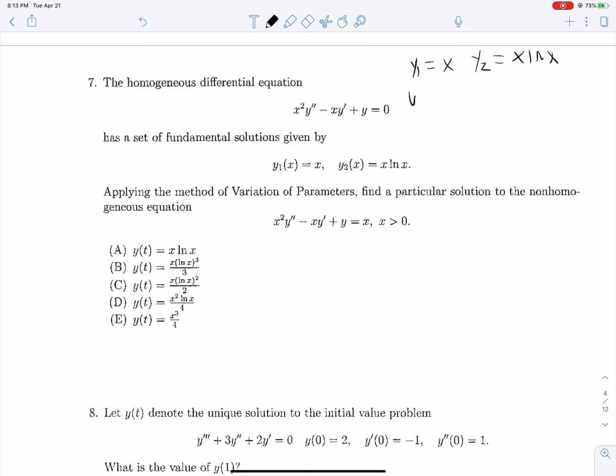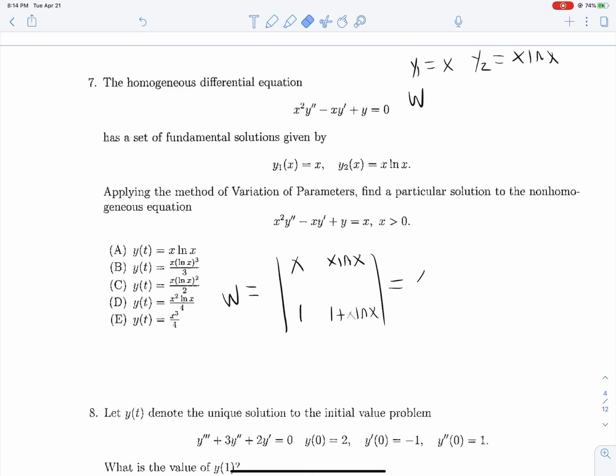There's the Wronskian, which is the determinant of the matrix formed by x, our first fundamental solution, and its first derivative, and x ln x and its first derivative, which will be 1 plus ln x. This determinant will give us x plus x squared.